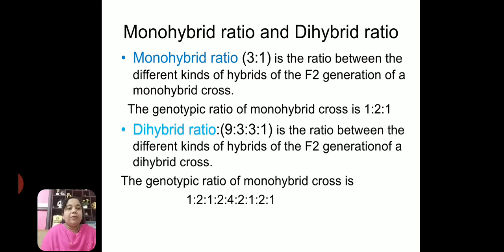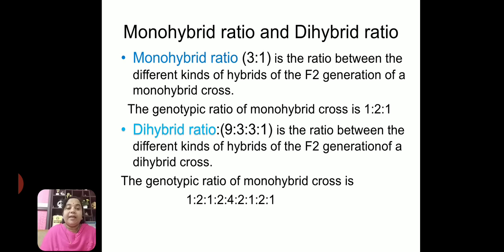So among the three with the same phenotype, there is again a difference in genotype. So the genotypic ratio of a monohybrid cross is written as 1:2:1.